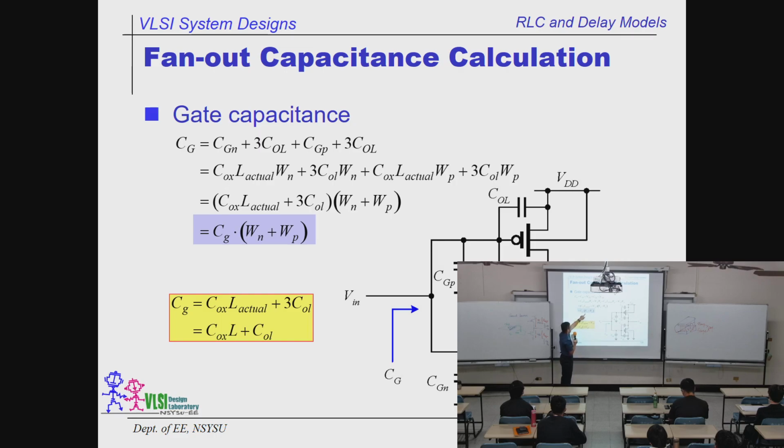So the CG times the size of these two, and CG equals C oxide times the length plus the overlap, which is about this size. And basically, this one is small. Overlap usually is very small. So this is what you should remember: C oxide times L, the big one, over there. So plug this in, and you're going to find out it's equal to C oxide times L times WN plus WP. So basically, you count the area of this transistor. That's good enough.